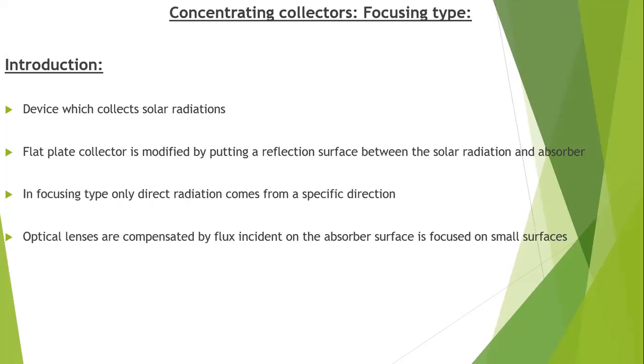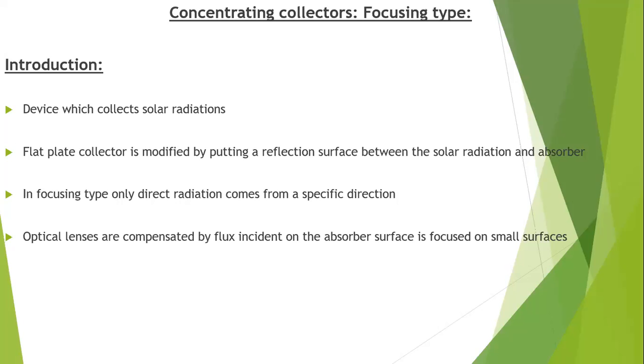When we compare them, concentrating collectors are more efficient than flat plate collectors, because they give more intensity of radiation, they can attain large temperatures, and moreover the main advantage is they can have small areas for solar radiation collection.